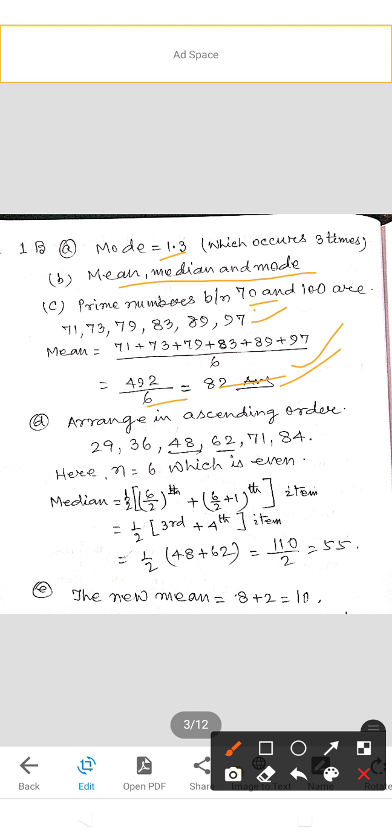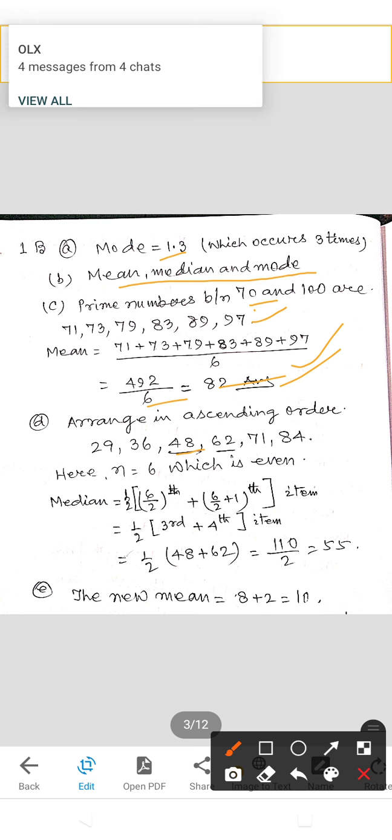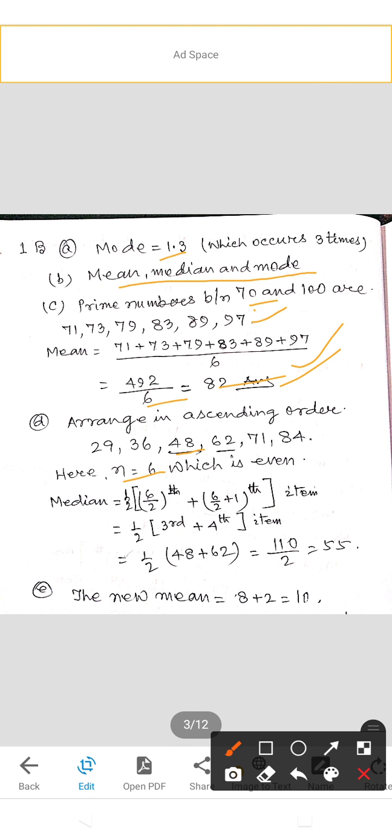Question D. What is the median of the observations 36, 48, 29, 62, 71 and 84? So arrange in ascending order, that is 29, 36, 48, 62, 71, 84. Here n equals 6, which is even.